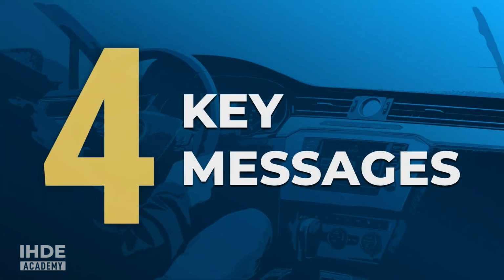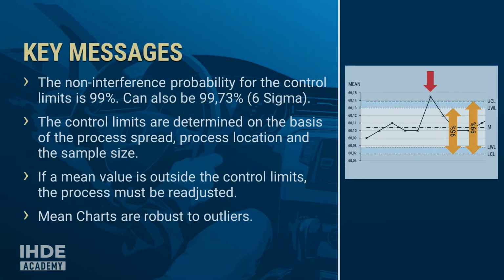Well, that was a lot of new information. Therefore, I would like to conclude by repeating the 4 most important key messages. The non-interference probability for the control limits is 99%, but can also be 99.73%.